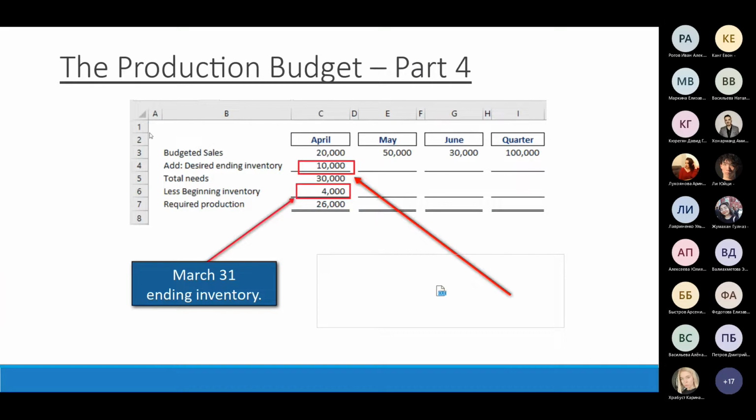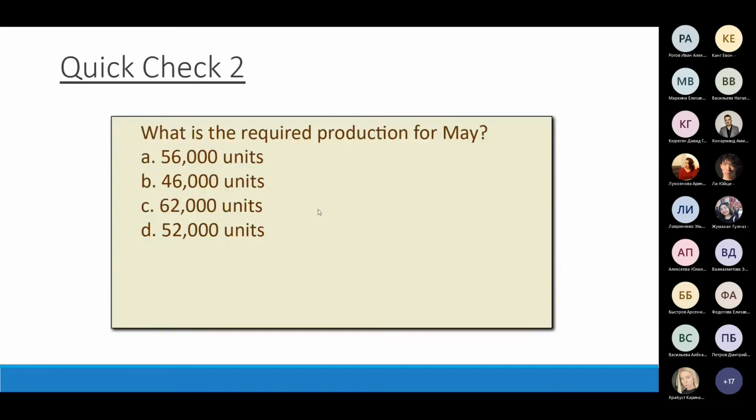Then total needs is equal to 30,000, and beginning inventory was 4,000, and required production is total needs less beginning inventory. Therefore, it's equal to 26,000 items. So let's calculate the desired production for May.